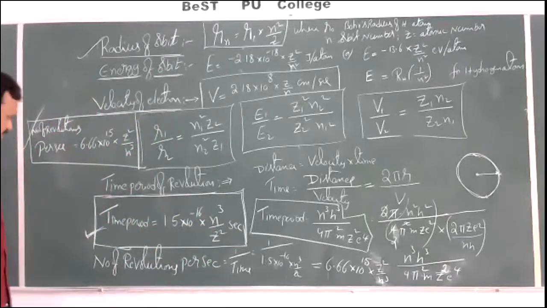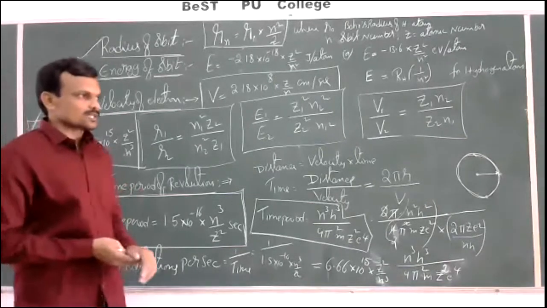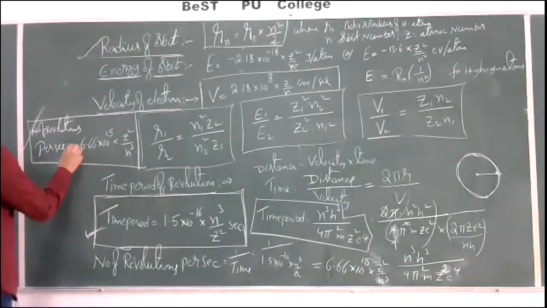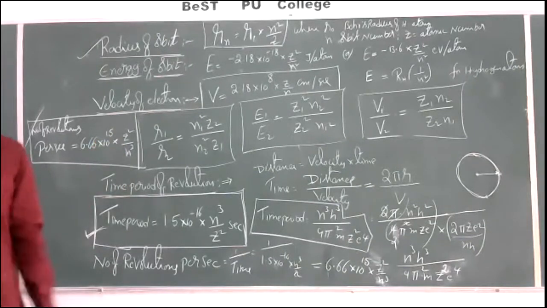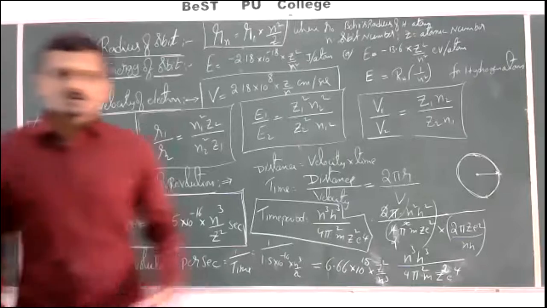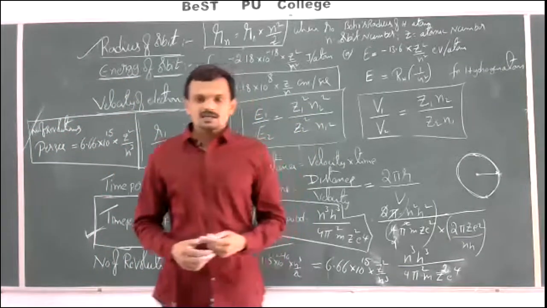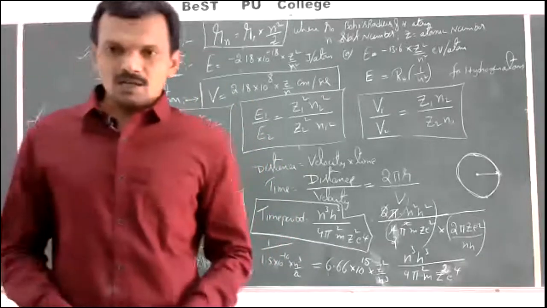Next, number of revolutions per second is 1 by time period. Now this 1 by time period is nothing but 6.66 into 10 to the power of 15 z square by n cube. So this is regarding expressions for radius, energy, velocity and time period. Remaining we will continue tomorrow.